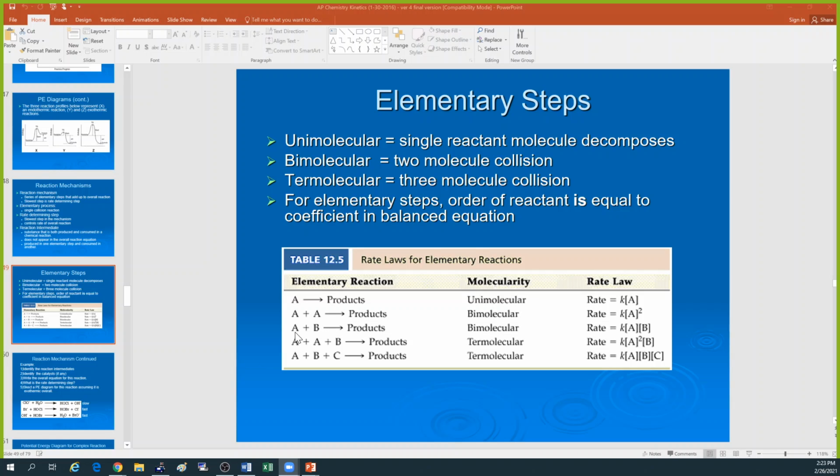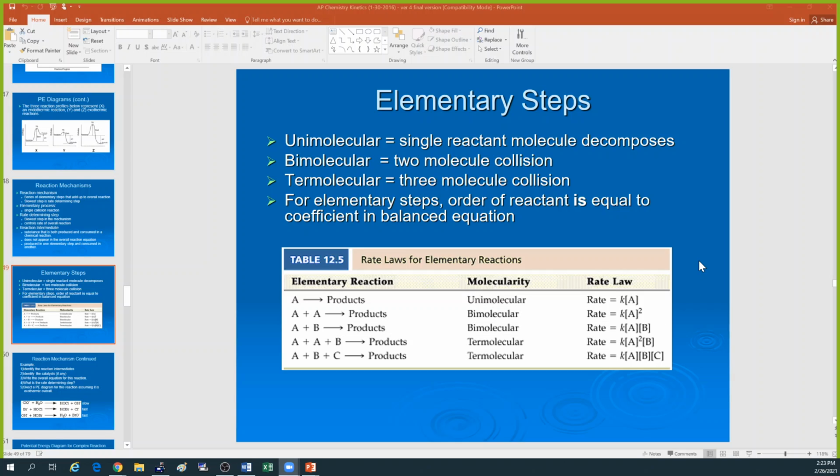Here, it's A and B both to the first power, but we said the overall order is the sum of the orders. And so this is, again, a second order overall rate law. But you'll notice I'm able to write a rate law not in terms of x and y. I can directly use the coefficients in these cases. Bimolecular is about as far as you can go in an elementary process.